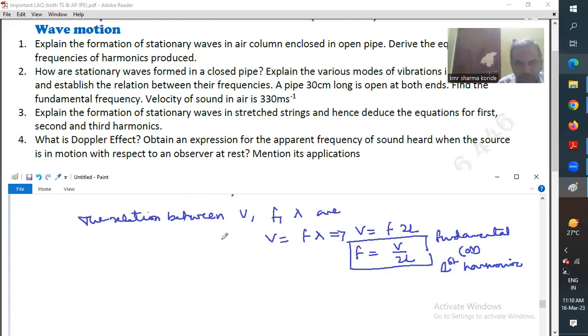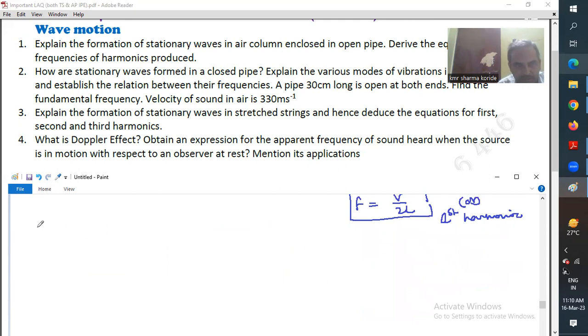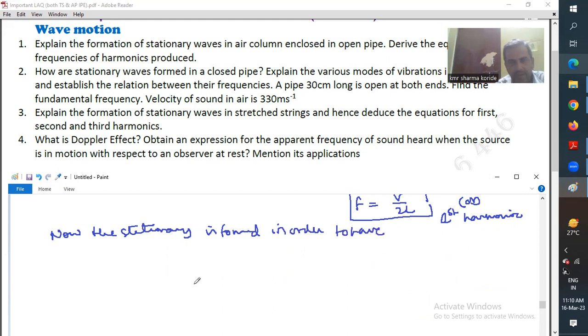Now the stationary wave is formed in order to have three antinodes and two nodes. How? Three antinodes and two nodes.